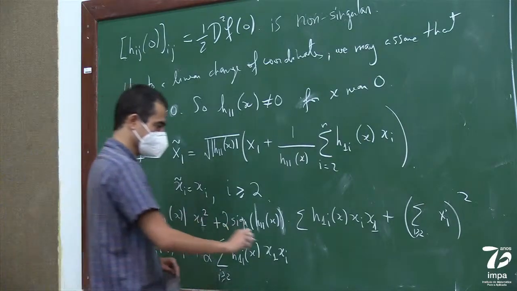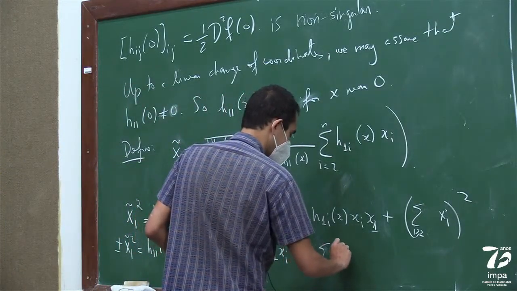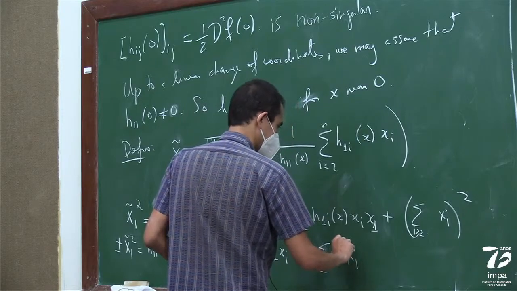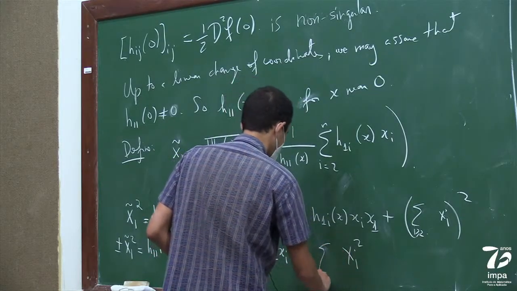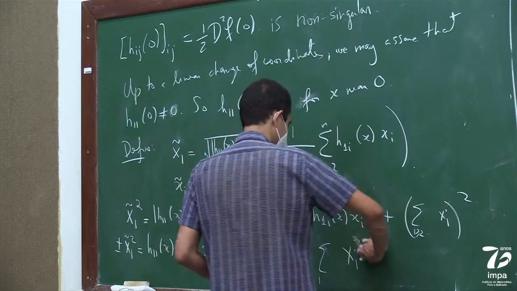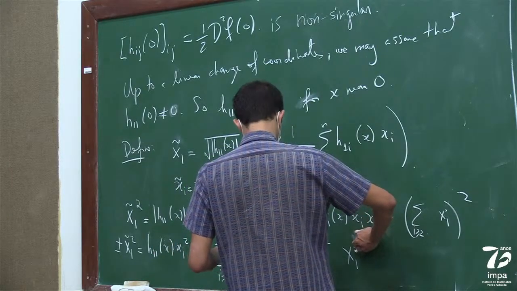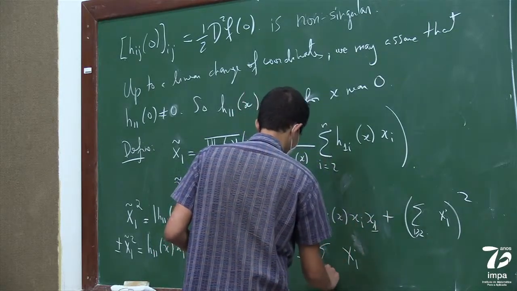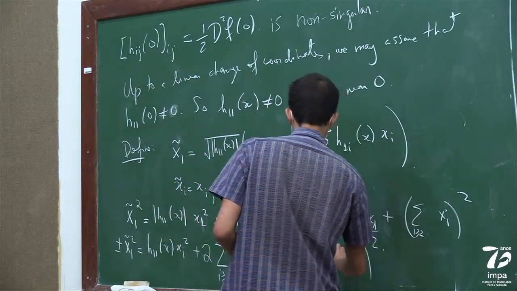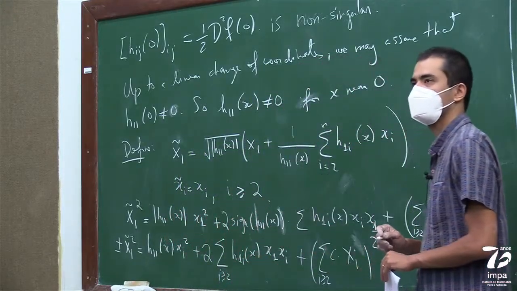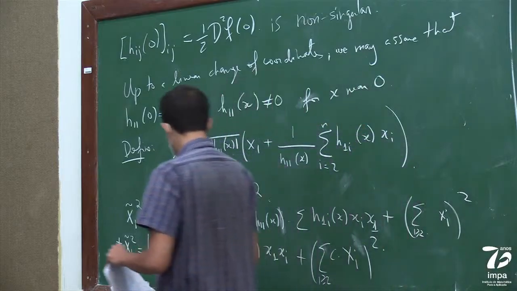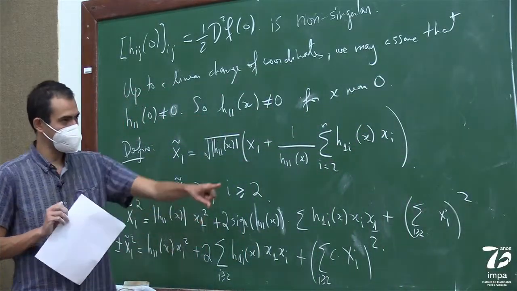And then I have some term that just has xi squared for i greater than or equal to 2, whatever. But the point is that this 2 is actually already in that formula.